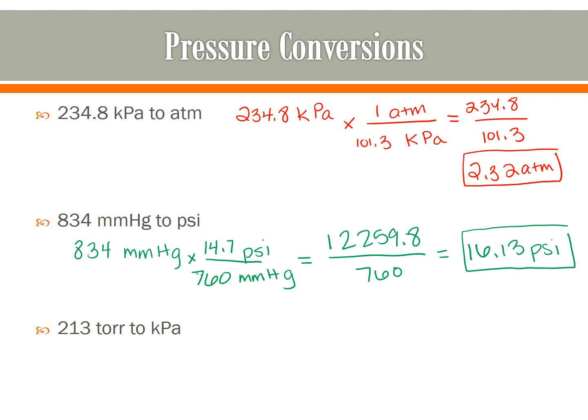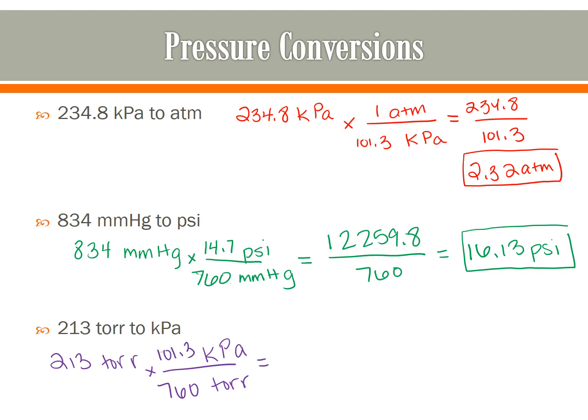Try the last one on your own and then check it with what I'm going to write on the screen. So I have 213 torr times, trying to get rid of torr, that goes in the denominator. kPa goes in the numerator, that's what I'm trying to get to. The number next to torr is 760. The number next to kPa is 101.3.